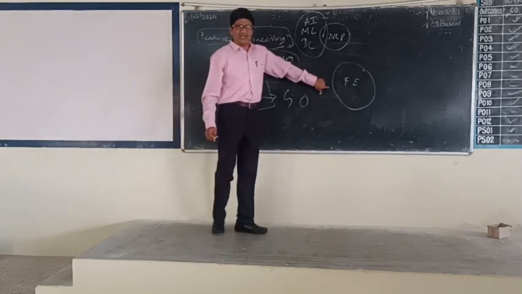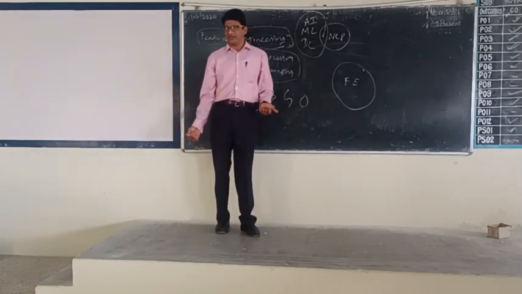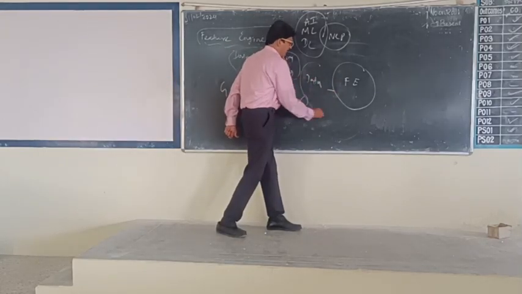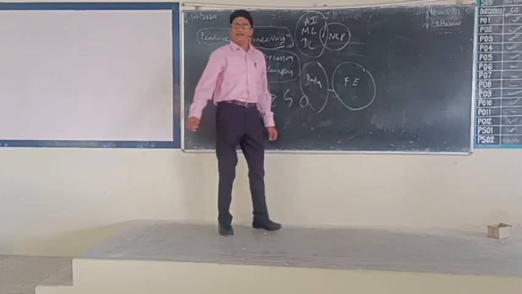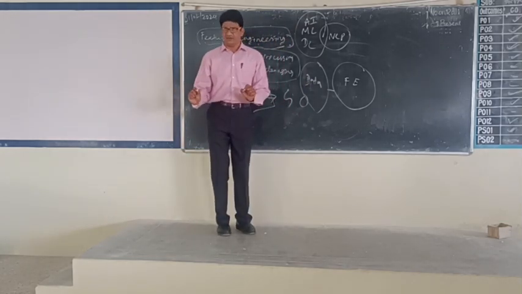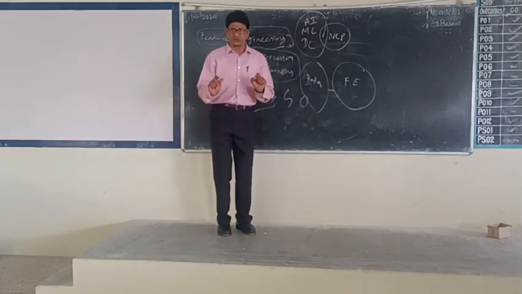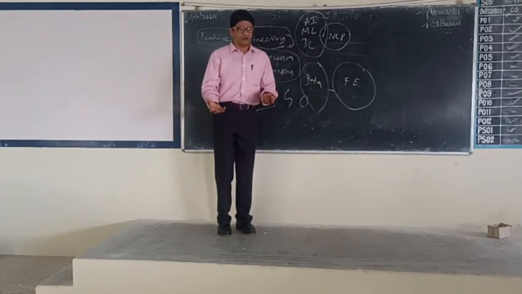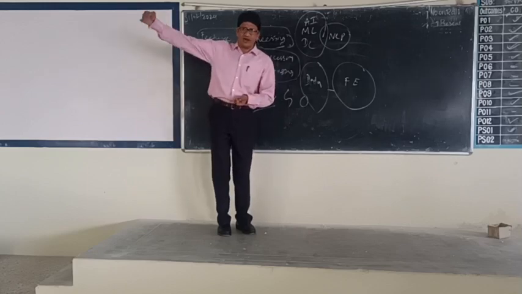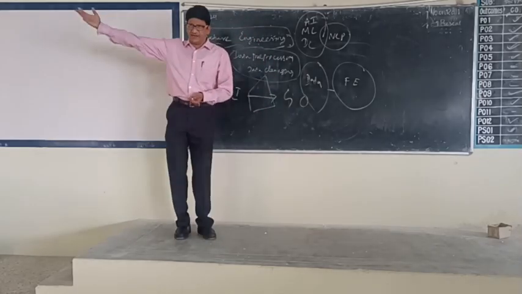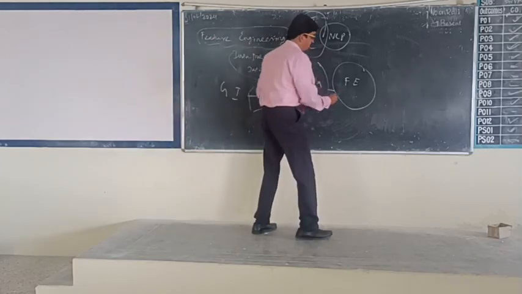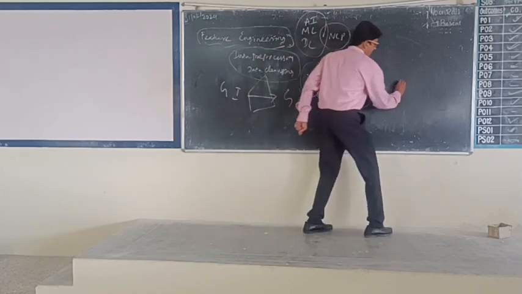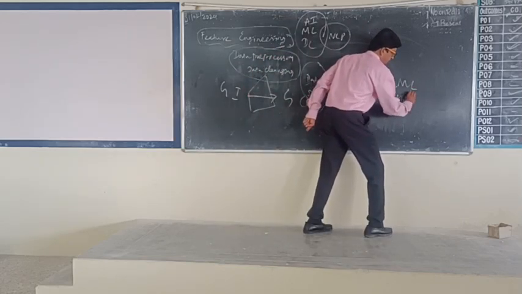So feature engineering is a systematic methodology to look at the given data and pick whatever features, attributes, or data points will be helpful for my machine learning model, for my decision making. So feature engineering sits between the data set and the machine learning model.